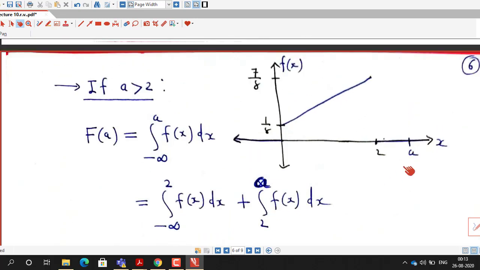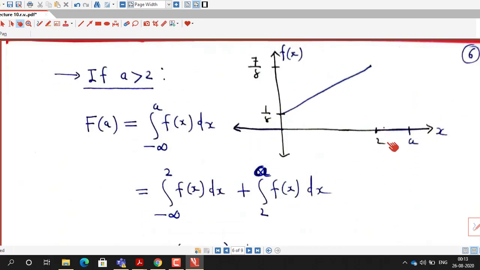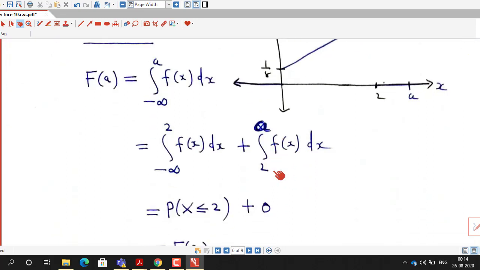And if x is greater than 2, then fx is 0, and therefore the integral of fx from 2 to A is 0.